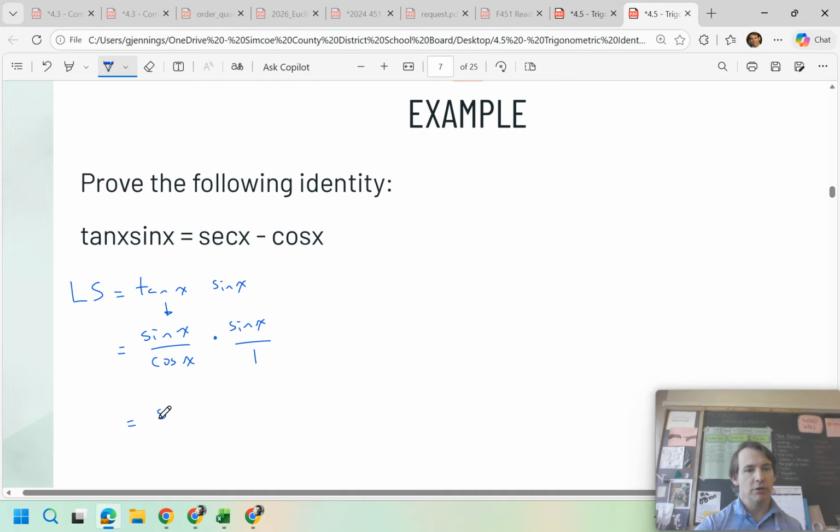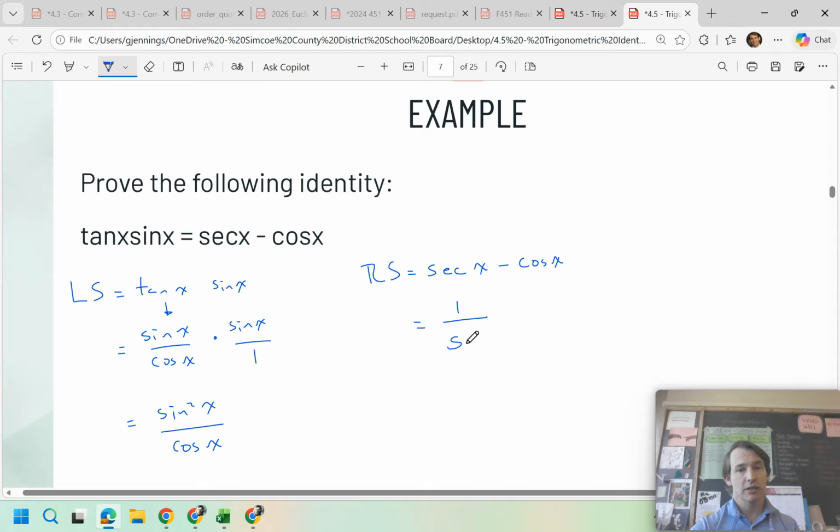So this is a fancy way of saying sine squared x over cosine x. That's as simplified as I can get the left-hand side. Let's see what the right-hand side gives us. Secant x is just 1 over sine. No, it's 1 over cosine x.